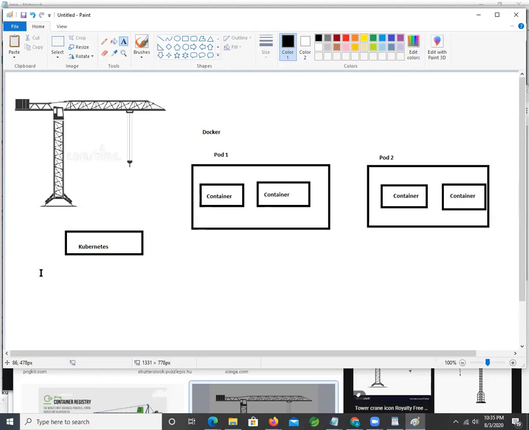So we have something as control. That means from the Docker, the containers are put into the pods, right? Pod 1, pod 2. Not only that, we can have a lot of pods, pod 1, pod 2, pod 3, pod 4. And the Kubernetes is controlling that.